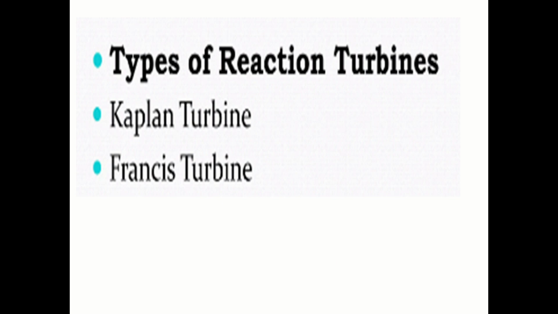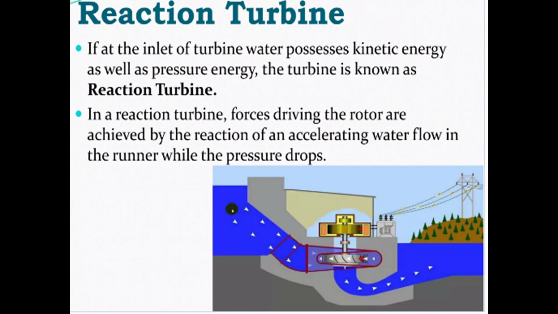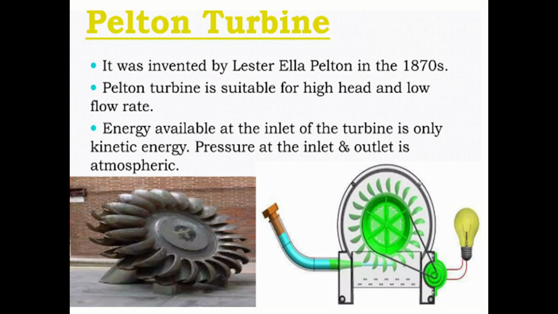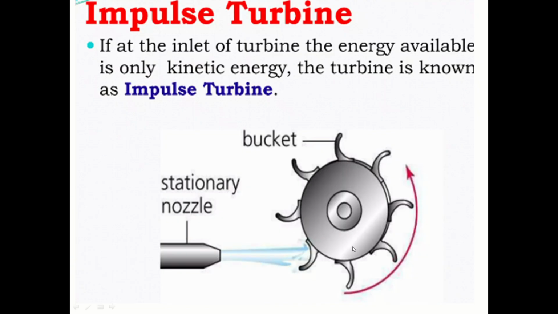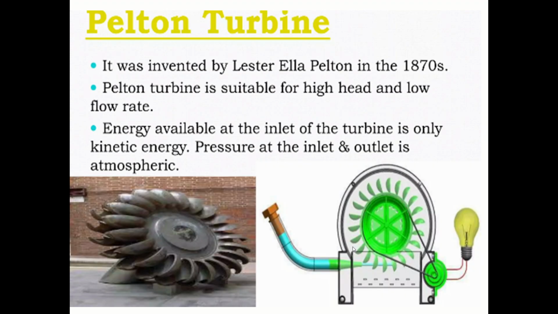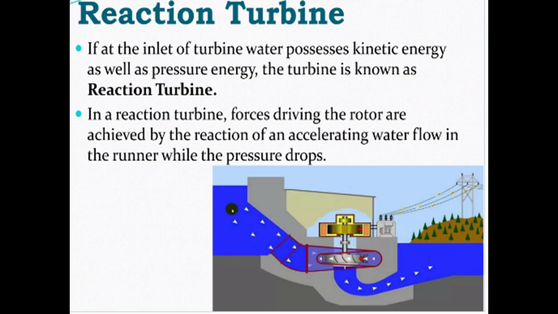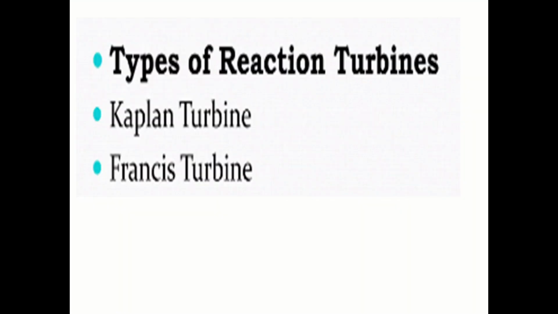An impulse turbine example is the Pelton wheel. Then reaction turbines are 2 types: one is the Kaplan turbine and the other one is the Francis turbine. These 2 are the examples of reaction turbines.